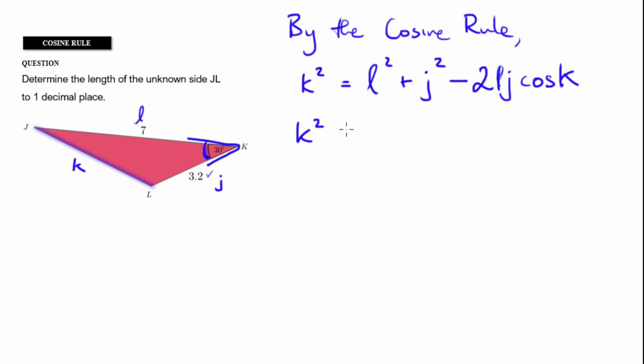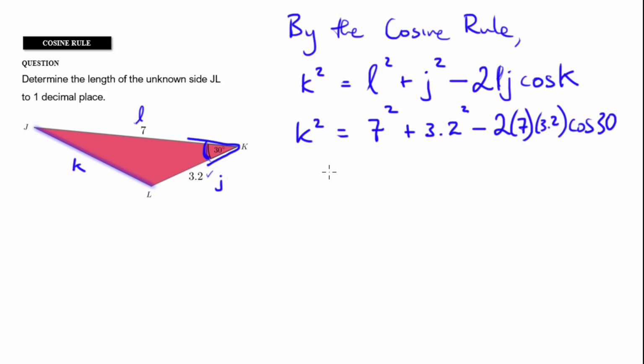We don't know k squared. We know that l is 7, so this is 7 squared. j is 3.2. And that would be minus 2 times 7 times 3.2 times the cosine of K, and the angle K is 30.